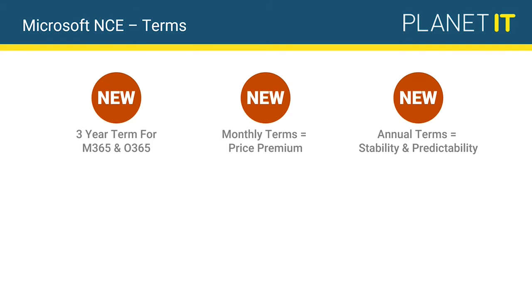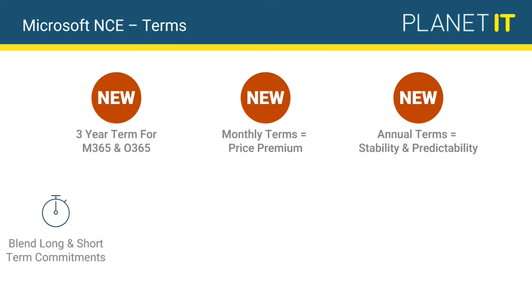However, if you're buying licenses on a monthly term, there is going to be a price premium for doing so, and that is going to be around 20% on top of the already increased license costs, which will come into effect in March 2022. If you go onto an annual term, however, you'll have stability and predictability of costs because you'll be tied into an agreement which will give you a set price, but you will lose some of the ability to flex up and flex down that you currently have.